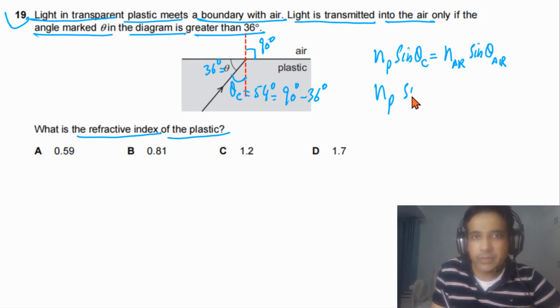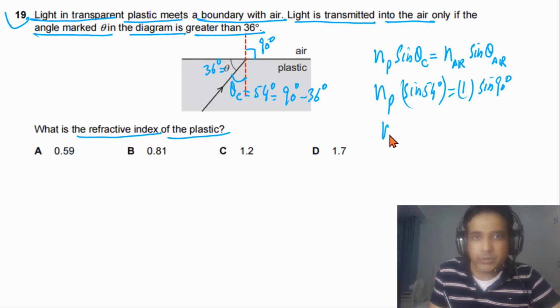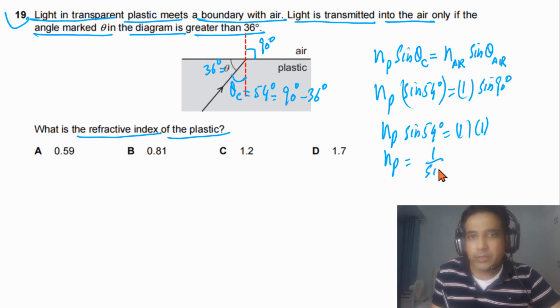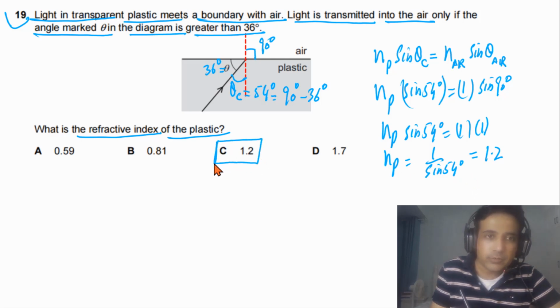Sine of theta C is sine of 54 degrees, N for air is equal to 1, and sine of 90 degrees is also equal to 1. So NP times sine of 54 degrees equals 1 times 1. So NP is equal to 1 over sine of 54 degrees. If we solve this, we will get 1.2. So the value of the refractive index is equal to 1.2.